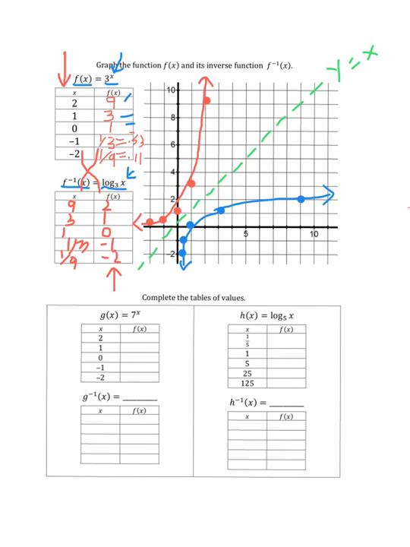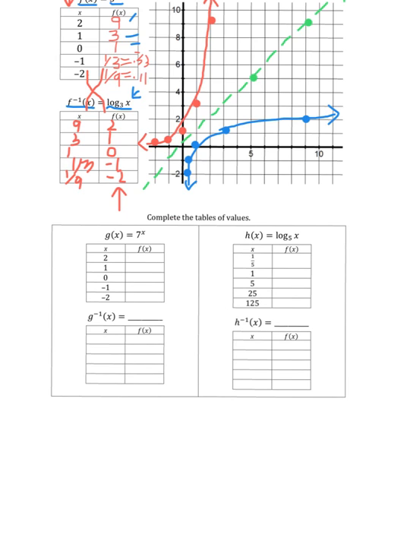Y equals x just means that every point on that green dashed line, right, that's the point 5, 5. This is the point 9, 9. So every point on y equals x, 5, 5, 9, 9. The red graph and the blue graph are symmetric about that line.